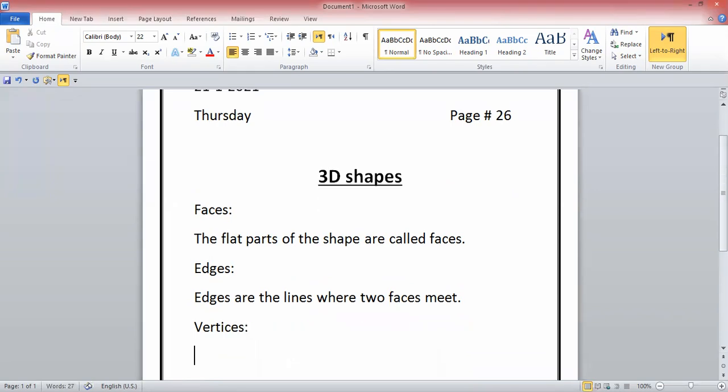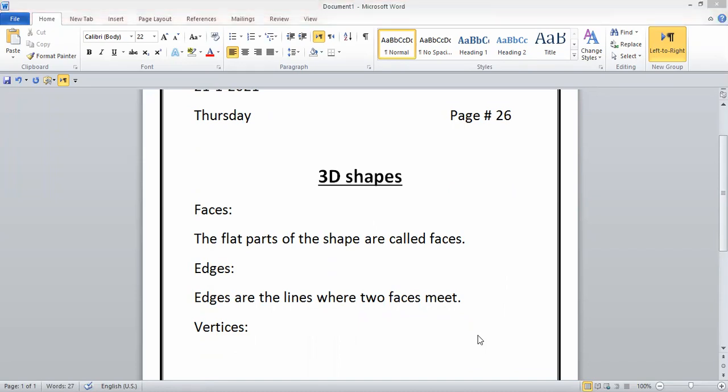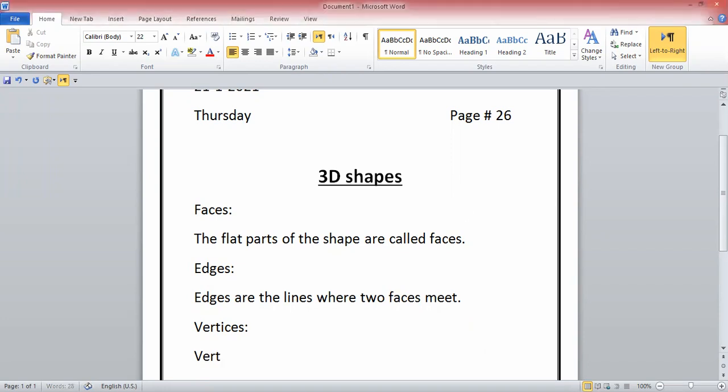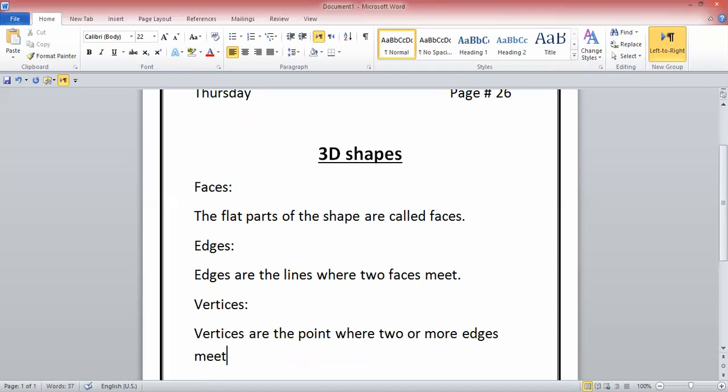Now vertices. Vertices are the points where two or more edges meet.